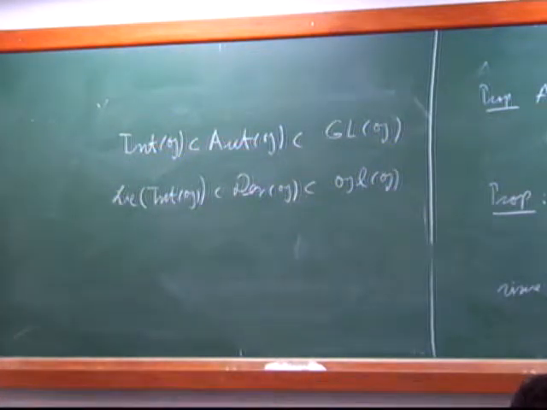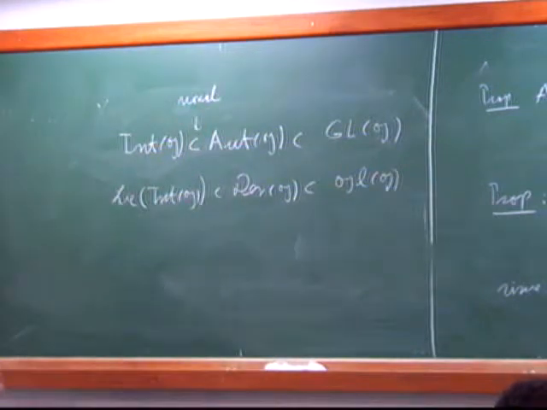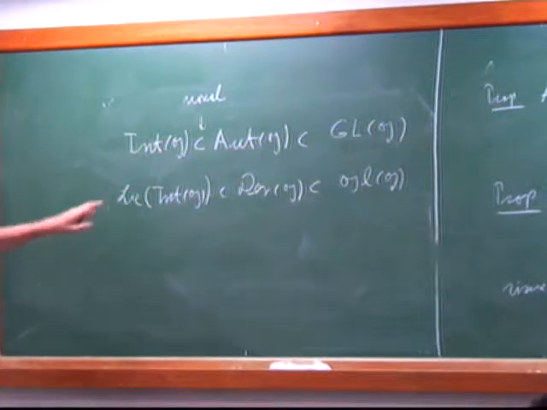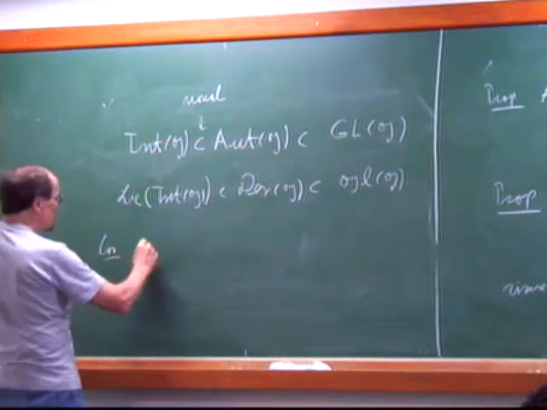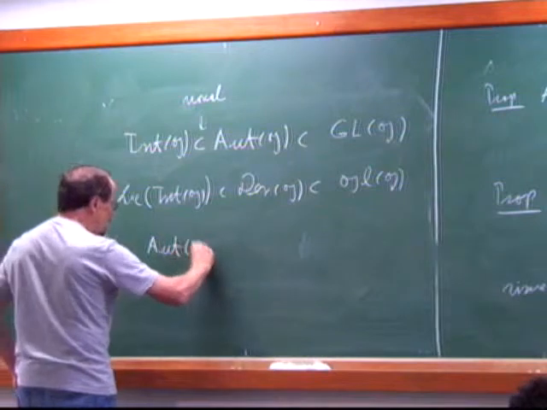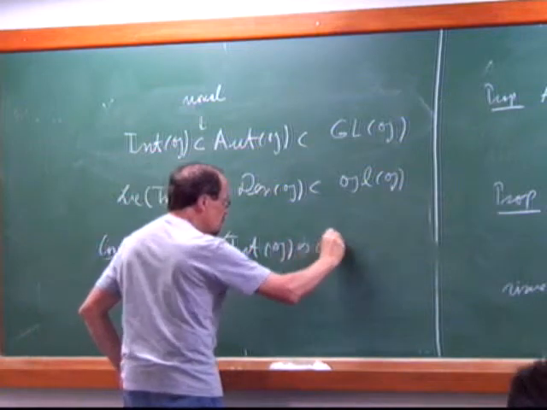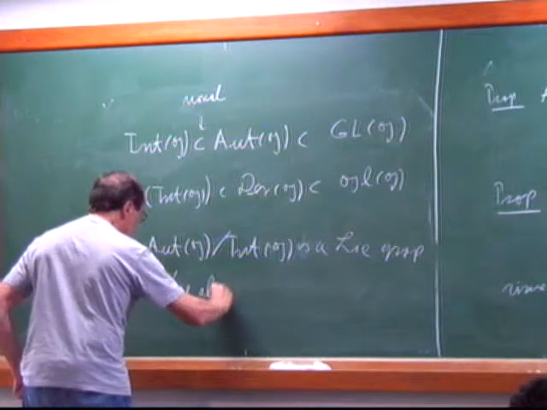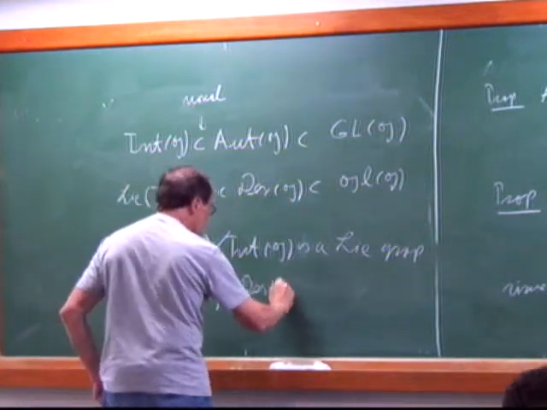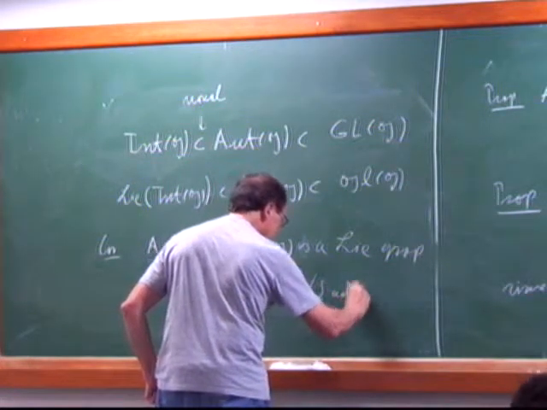And this here was a normal subgroup. If I have a normal subgroup, I can take the quotient, that's again a group. So here I get out G mod int G is a Lie group with Lie algebra derivations G mod the Lie algebra, so inner derivations. So we're going to write it as mod ad g.